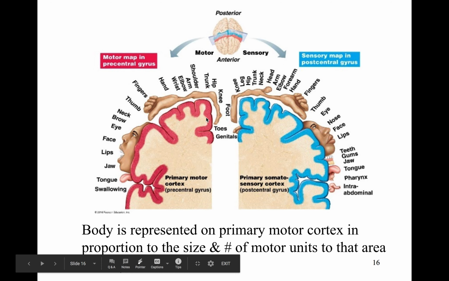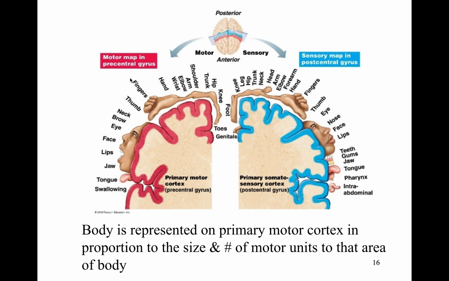So for example, when you look over here, this is a motor map of your primary motor cortex. So this is showing you which regions of that primary motor cortex are dedicated to movements of specific structures. So for example, this whole region here in the primary motor cortex is going to be controlling movements of the thumb, the fingers, and the hand.